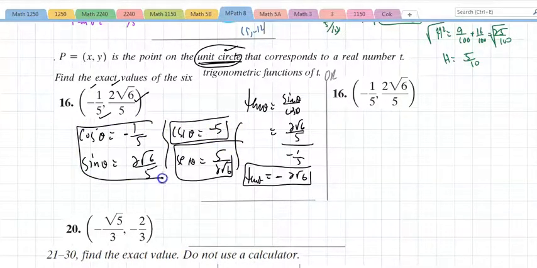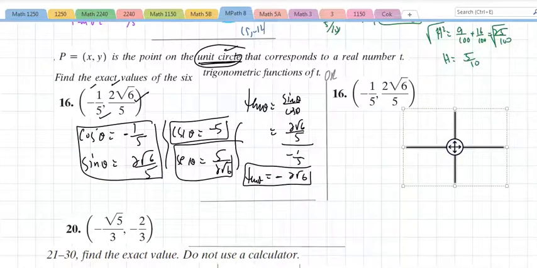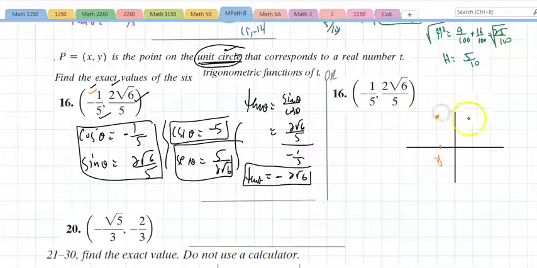Now there is another way of doing this. You could create the triangle. You could say the point, this is negative, so go negative 1/5 and go up 2 radical 6 over 5.